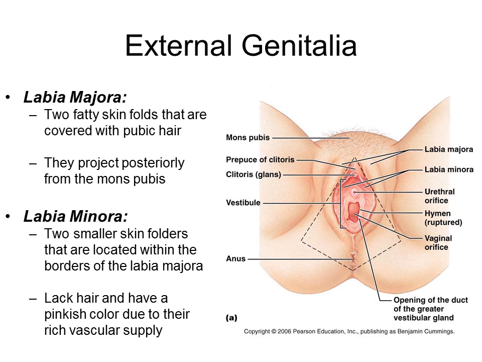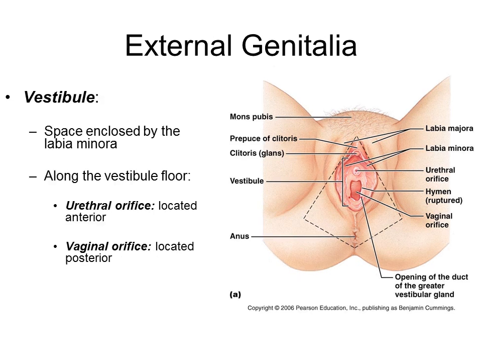The 2 fatty skin folds, or 2 sets of them, the labia majora is the outermost one that's covered with pubic hair. And then the inner one, the smaller of the skin folds, is labia minora. It is not covered with hair and tends to have more of a pinkish color due to the rich blood supply going to it.